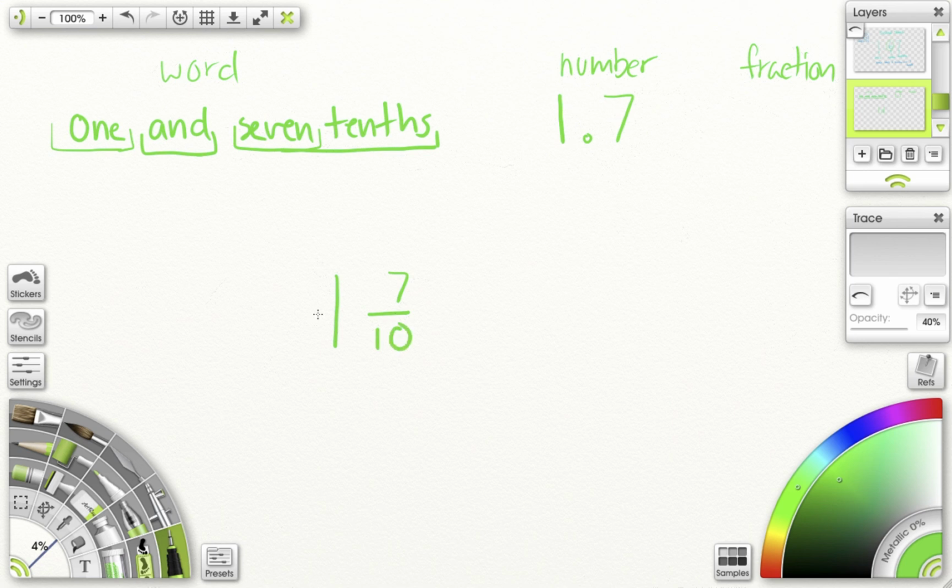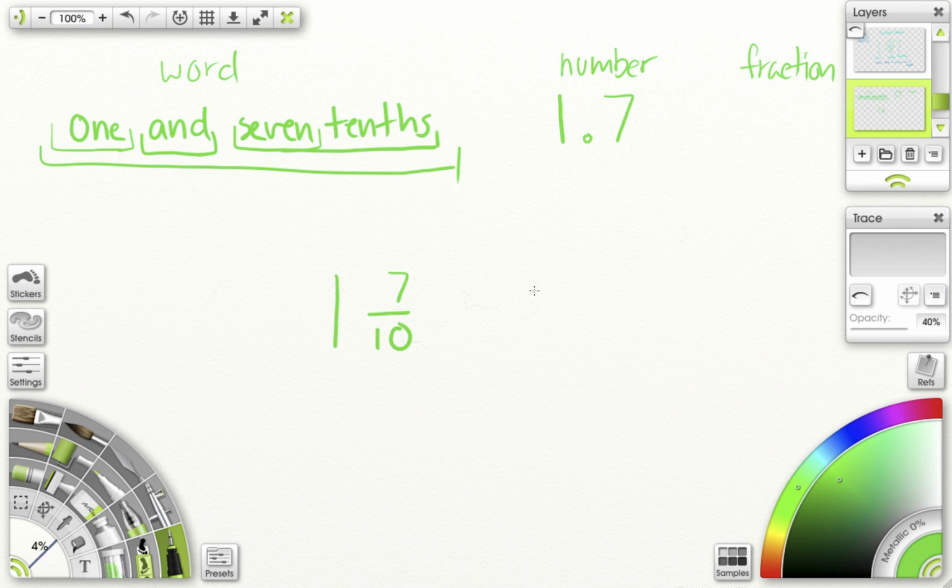What this means is if I was to write this out in words, it would be 1 whole, or 1, and 7/10. Huh. That sounds similar to what's written here. Okay? What a decimal is, it's basically a mixed number, or a mixed fraction.